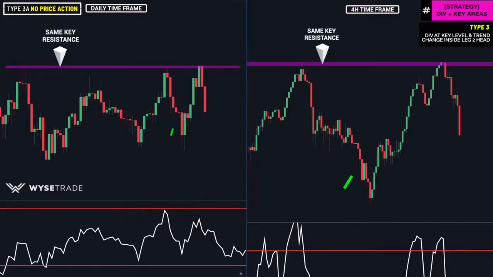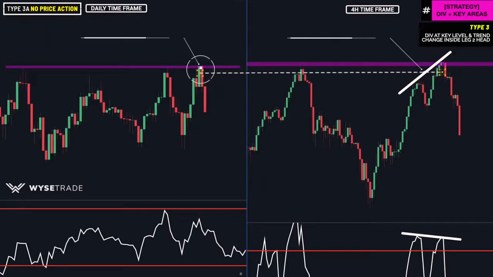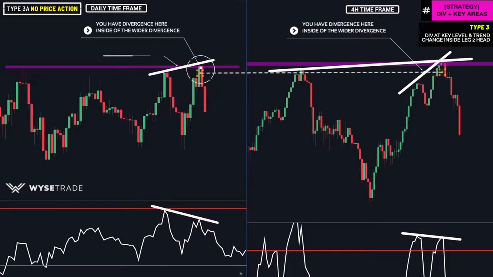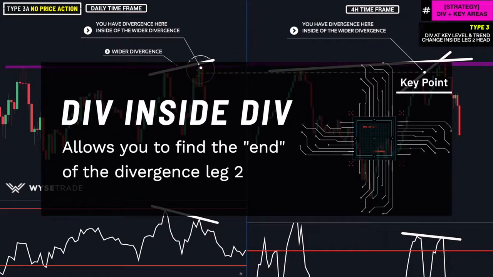Same resistance level, same uptrend. And this level here that we were just looking at is this same level here. Now, notice on this time frame, we had perfect wide divergence at the key level. What this means is you have divergence inside of the leg 2 head of the wider divergence. So this allows you to see when the leg 2 is possibly ending.